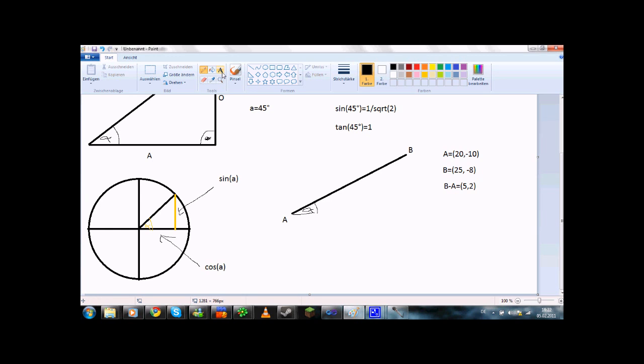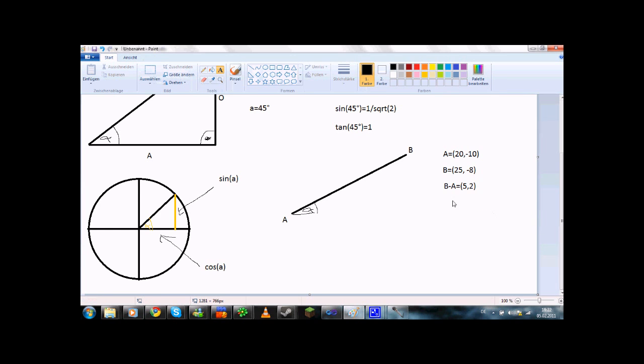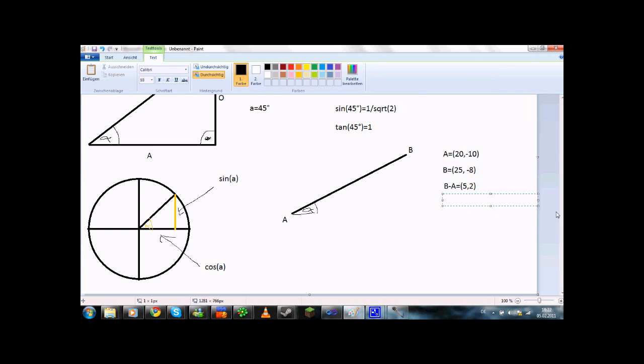And our good old friend Pythagoras gave us this great equation, which I will rewrite a bit.